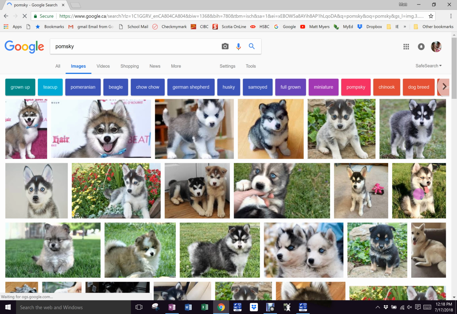Because Pomskys are huskies crossed with Pomeranians. So you end up with little tiny huskies. But you could go wrong and get a husky-sized Pomeranian, which could possibly be one of the worst dogs ever made.